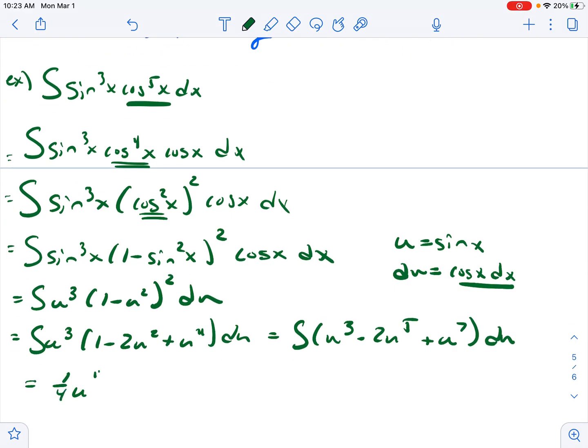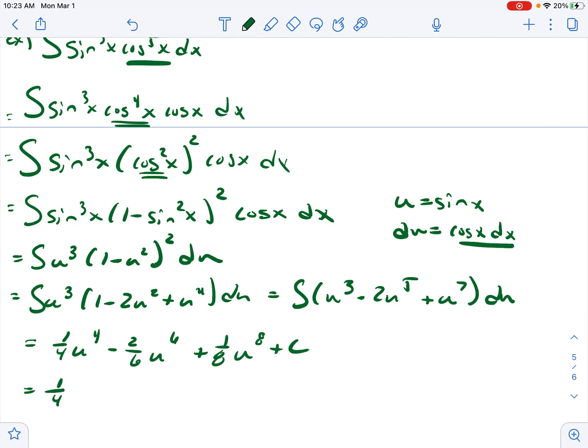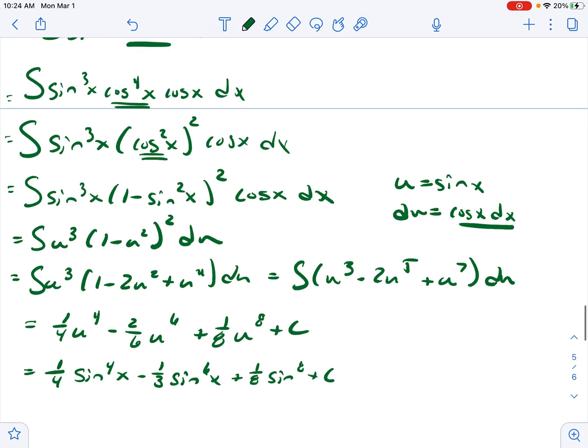And now 1/4 u to the 4th minus 2/6 u to the 6th plus 1/8 u to the 8th plus c. What do we use for u? Sine to the 4th minus 1/3 sine to the 6th plus 1/8 sine to the 8th plus c, and we're done. That's if we broke down the cosine.